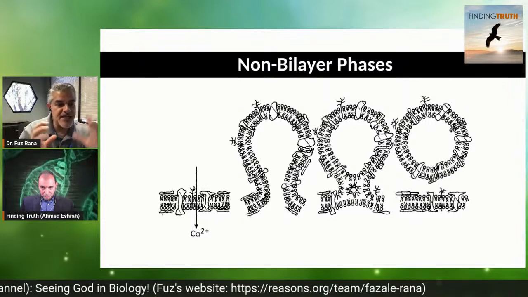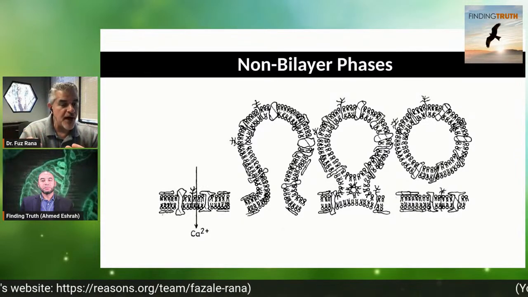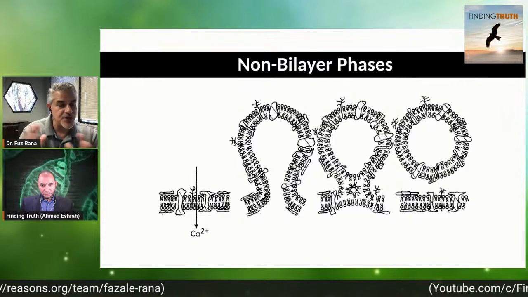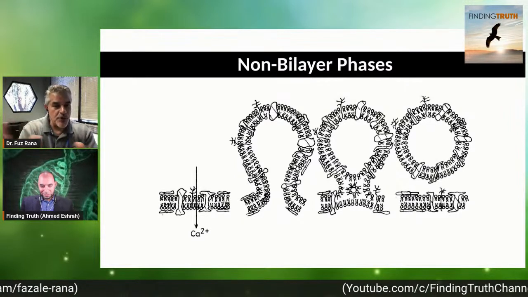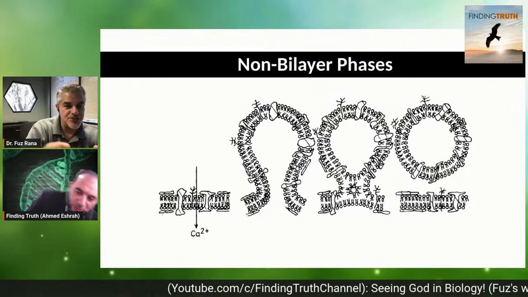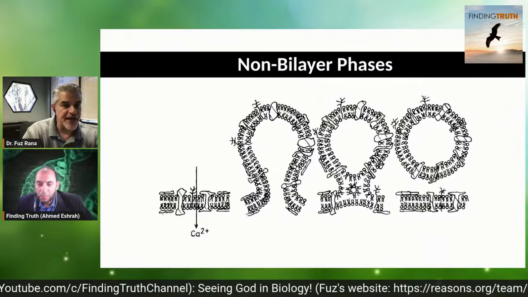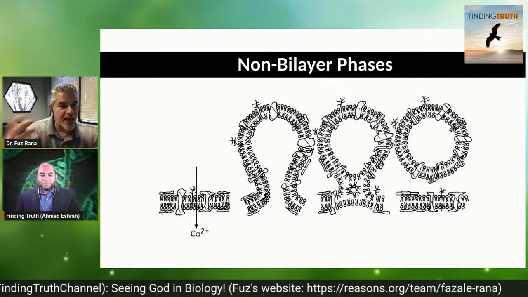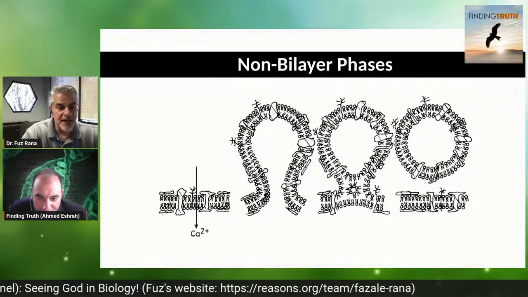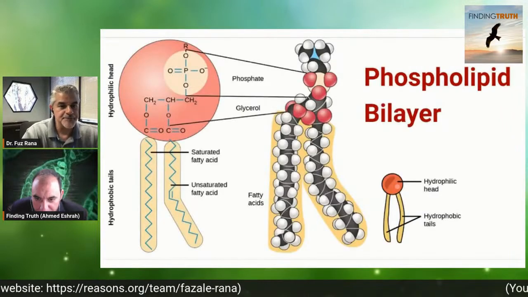So you need some phospholipids that have that tendency to form non-bilayer inverted micelles, so that during fusion events you can have these transient structures that are stable enough to promote the fusion event. These transient non-bilayer phases are necessary for certain activities involving the cell membrane.